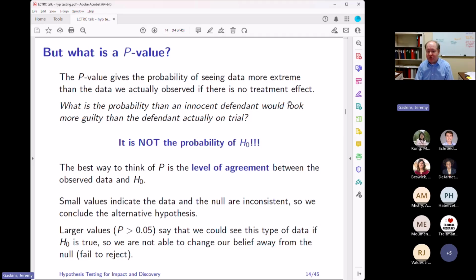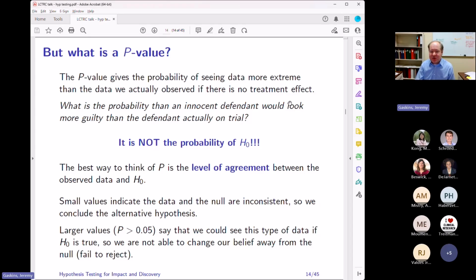And so the p-value isn't a probability of the treatment being effective or of any of our hypotheses. What I encourage folks to think about the p-value is not to worry about the probability definition of a p-value.